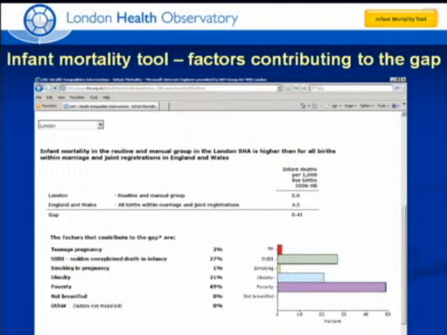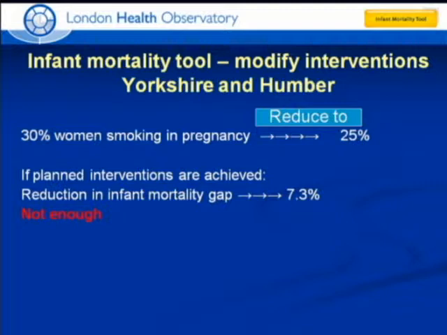Interestingly, teenage pregnancy makes a very small contribution to the gap, and this is because most teenage pregnancies are excluded from this, because most teenage pregnancies will be sole registered births, registered by the mother alone, and they're excluded from this analysis, because the routine and manual group is determined by father's occupation only. So everybody looks at this and says, oh, why is teenage pregnancy so low? And that's the reason.